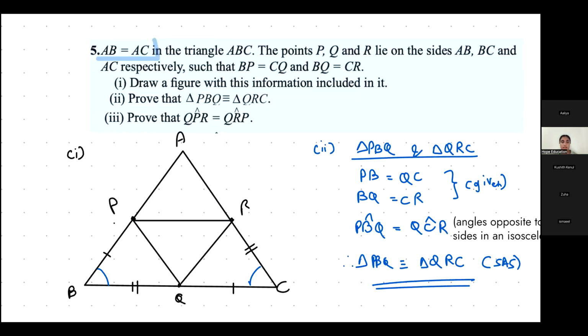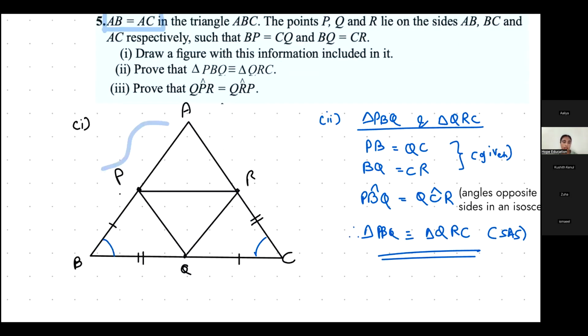So AB is this long line that is equal to AC. If AB is equal to AC, that means we're talking about an isosceles triangle. Do you remember the isosceles triangle theorem? In an isosceles triangle, there are two sides that are equal. Then angles opposite to these two sides also become equal. These two angles are equal.